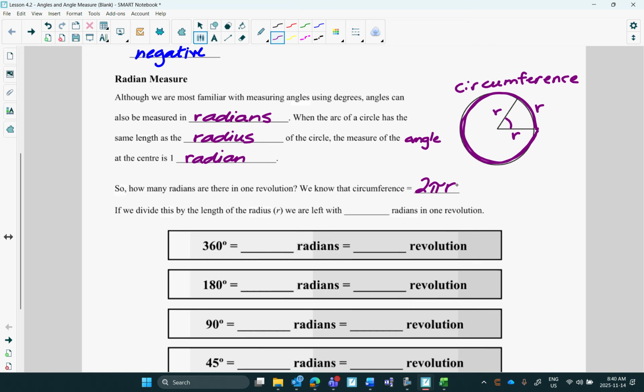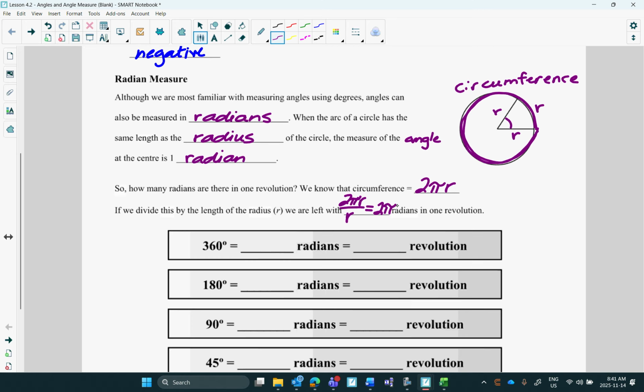So if we divide the length of the circumference by the radius, we're left with how many radians are in a circle. So it would be 2 pi r divided by r, which means there are 2 pi radians in a circle, which would be approximately how much?